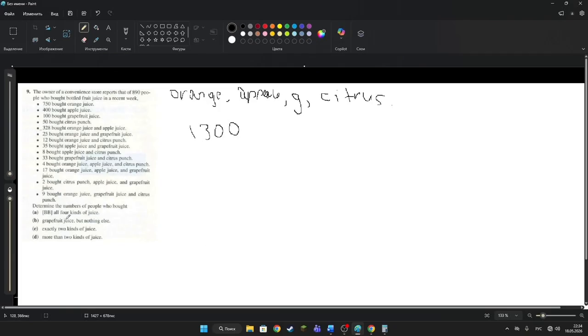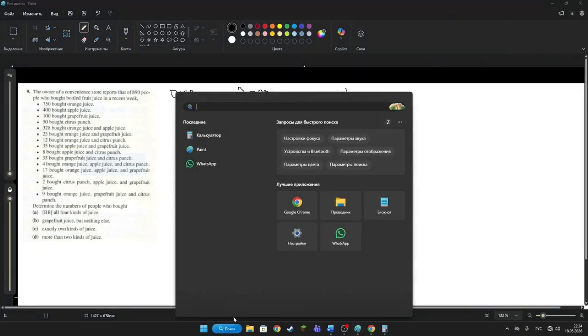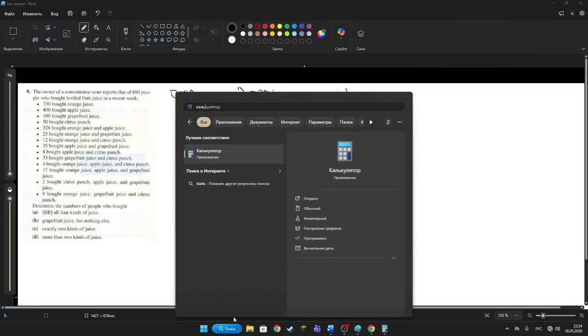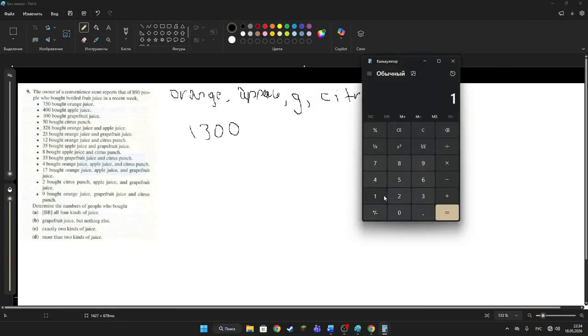So the first question is all 4 kinds of juice. If we open the calculator, this is all of the people. In the condition we can see that there are 890 people, but 1,300 people is more than that number.